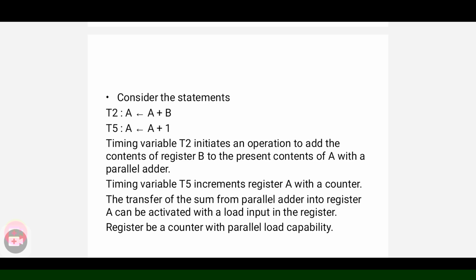Clear? So this is the meaning of this statement. T2 and T5 are control functions or timing variables at which that particular operation is performed.